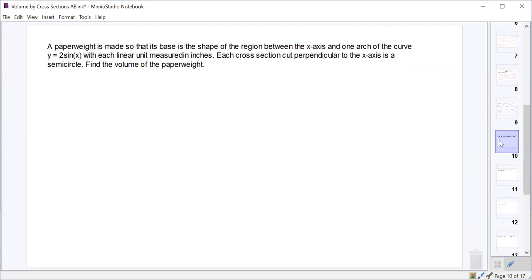Everybody good? Ready? There's 2 sine x. We're just talking about one arch, which would be again from 0 to pi here. And this is the base of our region. And so coming straight out of this region directly towards you are a bunch of semicircles.